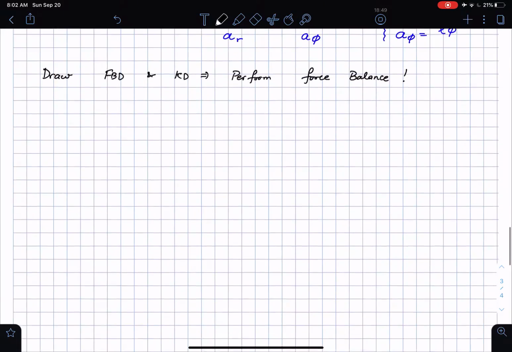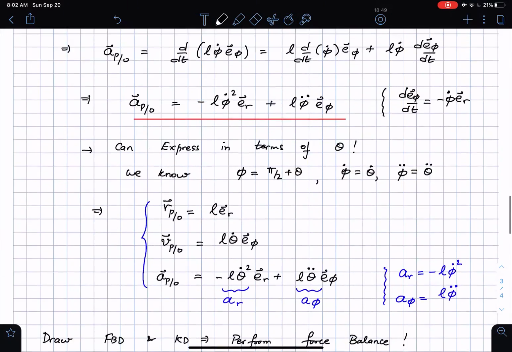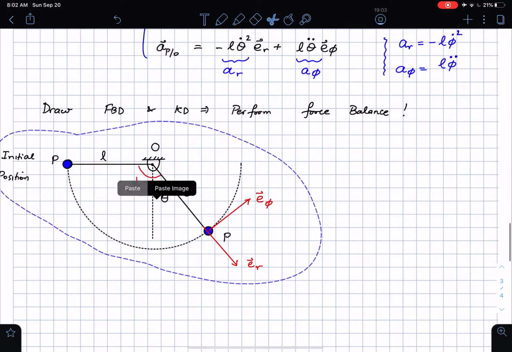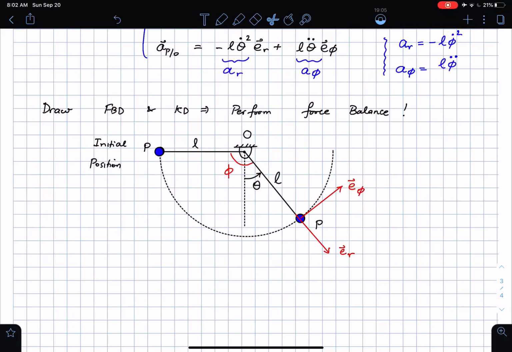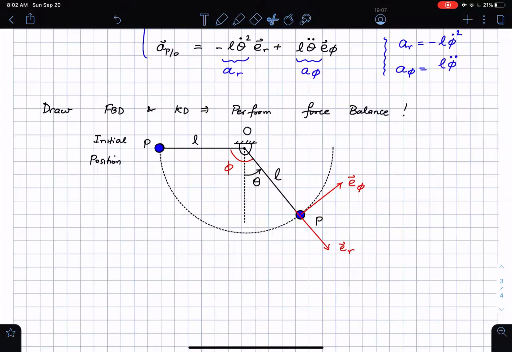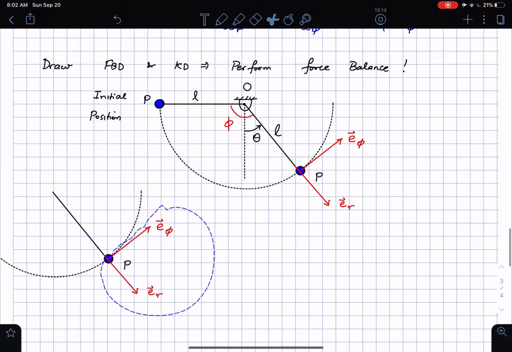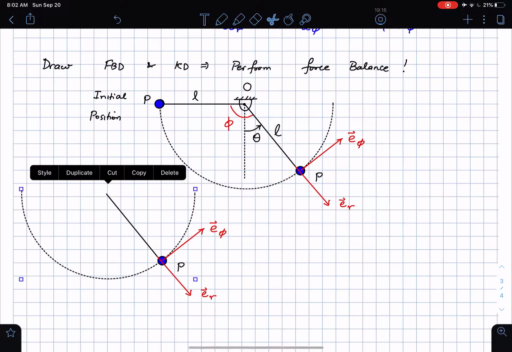Let me see if I have enough space for that. Yeah, I think I do. All right, so I'm going to go back and bring my figure here. Let me take this creature and copy that and bring that down here. I can draw the free body and the kinetic diagrams. So let me do that. Let me take all of these, and my hope is I might be able to get rid of some of these things. I'll cut that off.